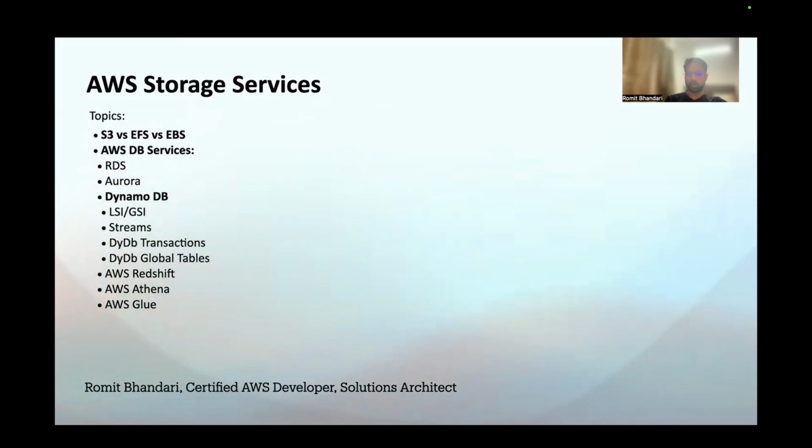Okay, and then we also look a little bit at something like Redshift, Athena and Glue.